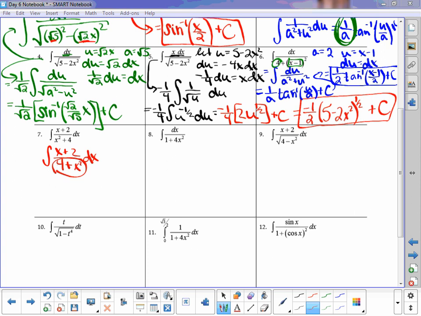Steven? We could complete the square. We won't go down that road just yet. Can't factor it. I'll give you a hint. We learned this back when we first learned polynomial integration. What was that? We split it up.